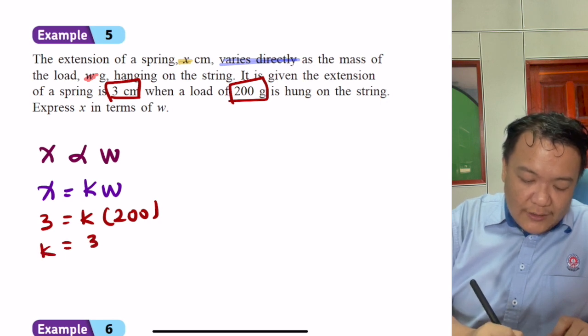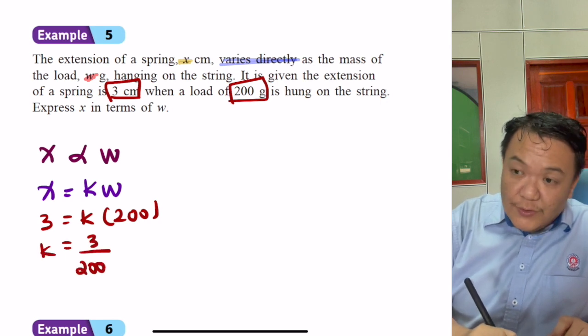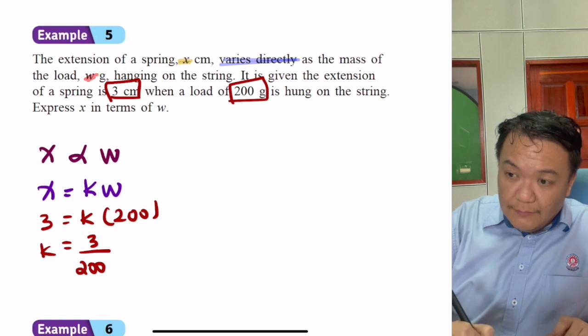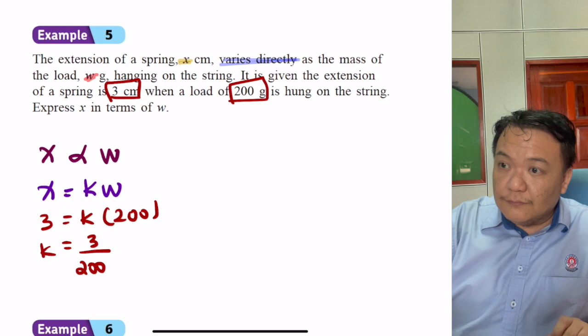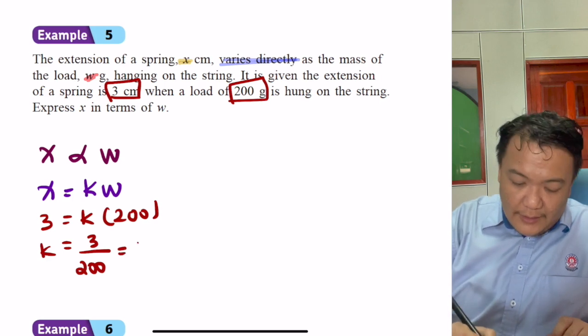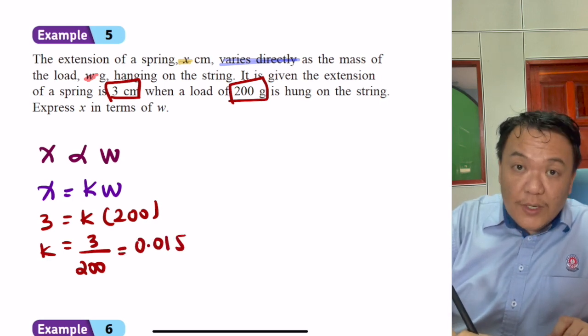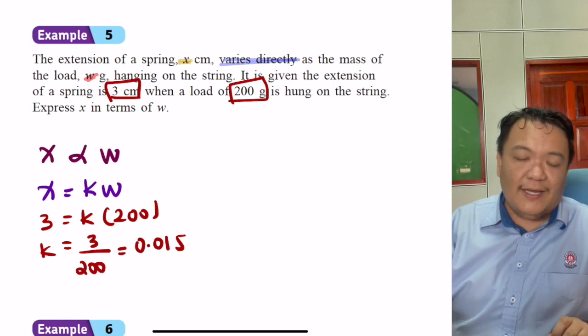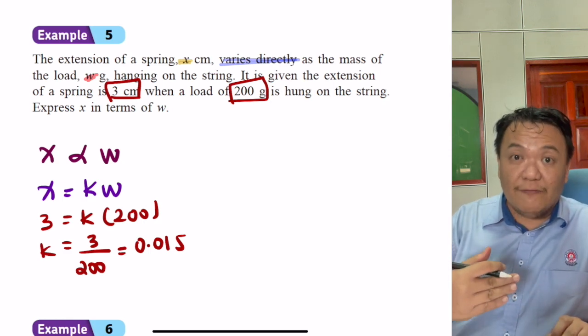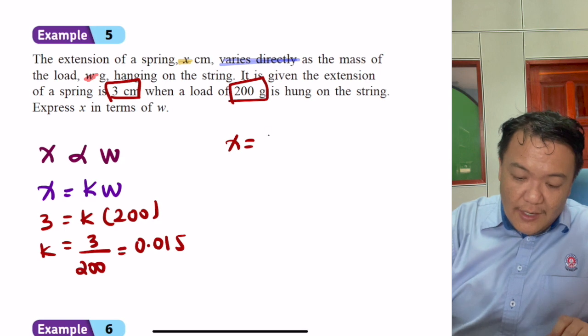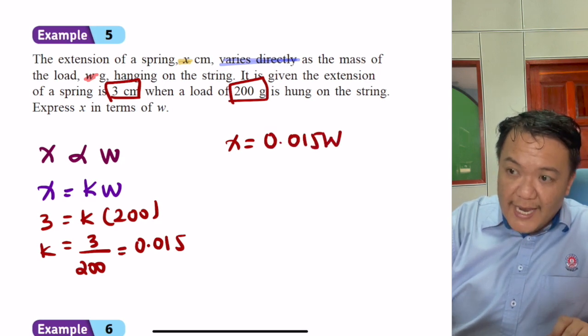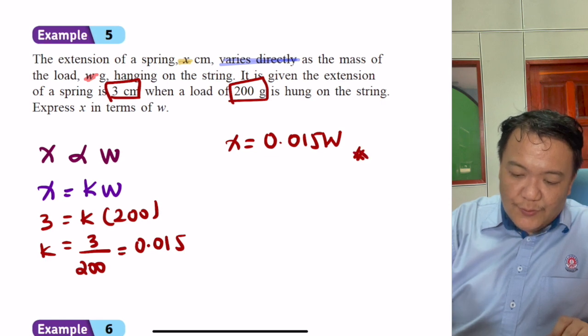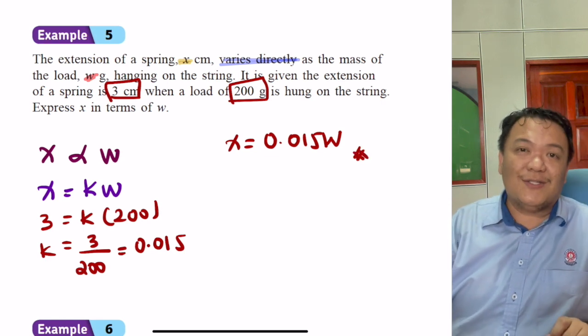So k is equals to 3 over 200, okay, your answer is 0.015. Okay, and then you change the value of k into the previous equation. So x is equals to 0.015w. So that is your answer.